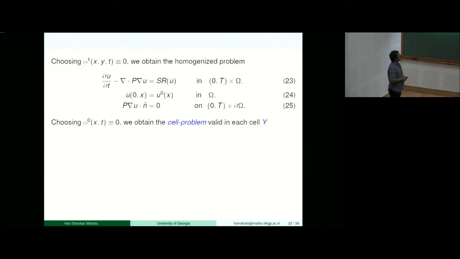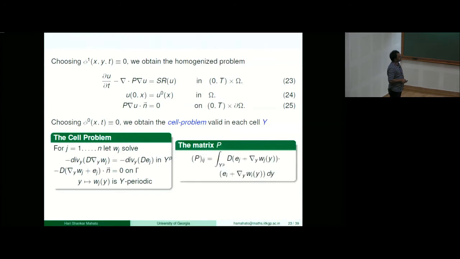And ultimately, our upscaled model or homogenized model will look like this, where the P's are defined with the help of the cell problem. So having this estimate was the main important point in this whole analysis. Once you have that estimate, everything will just follow in a very standard way.